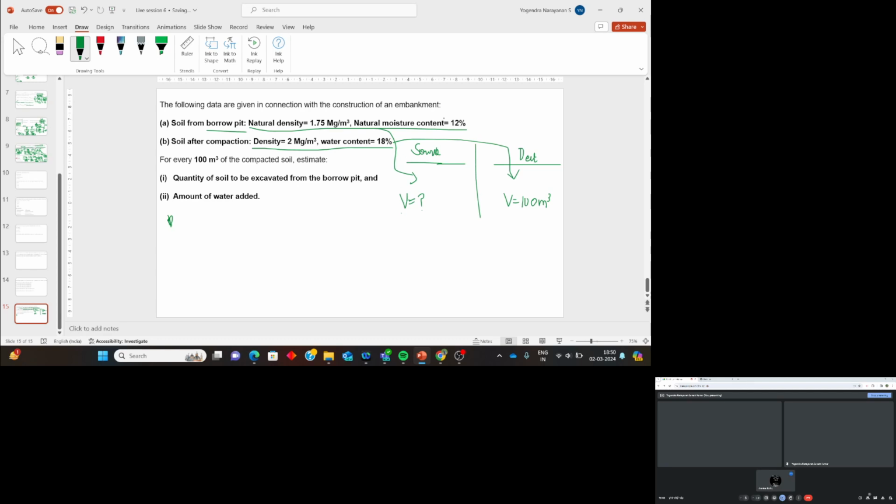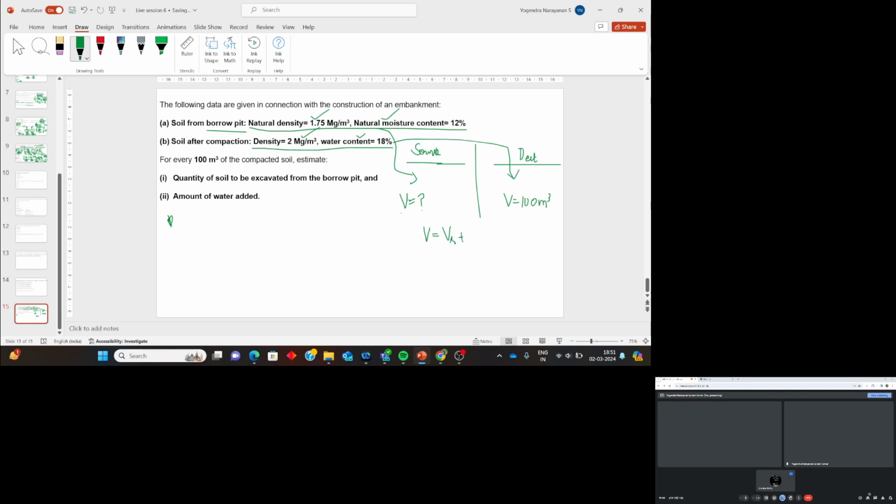Natural density of borrow pit is different, water content is different, volume will obviously be different. What is the composition of volume?